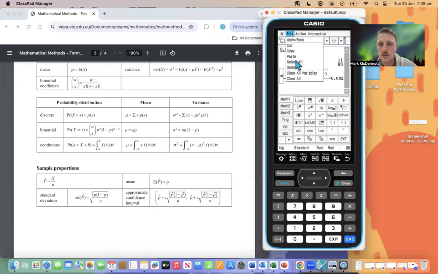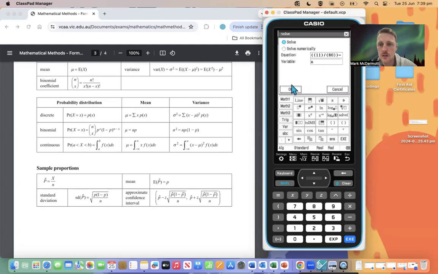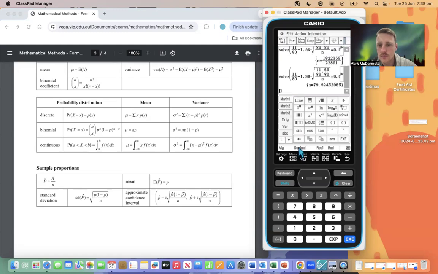Okay, select all, interactive, advanced, solve for n. 79.92. Okay, so I think we round up or down.